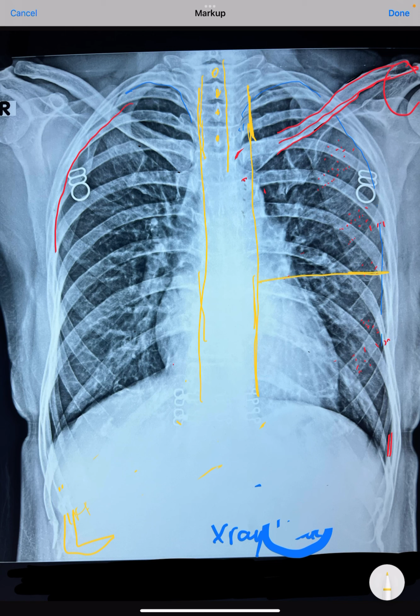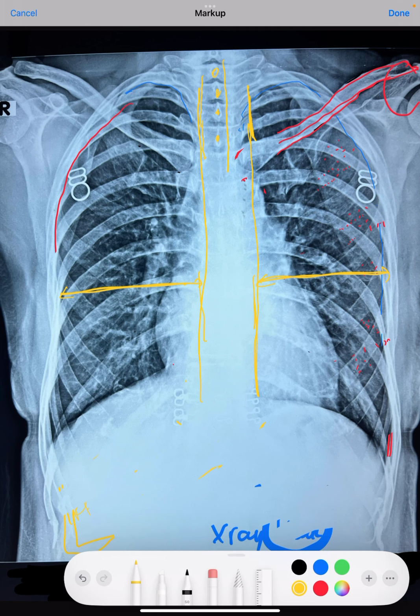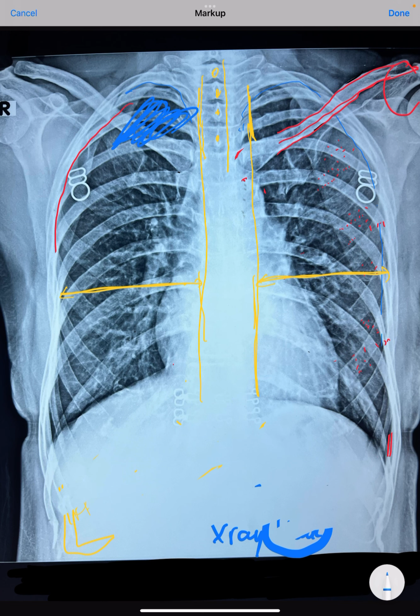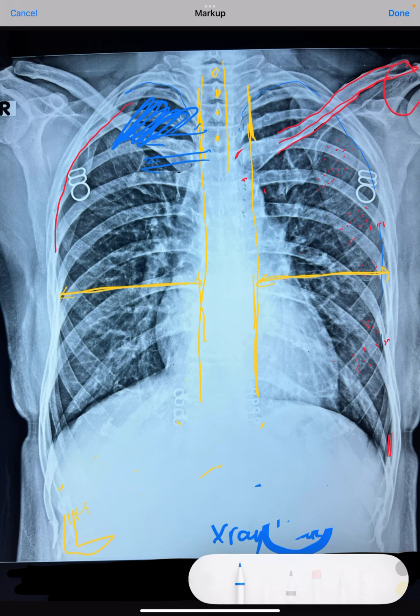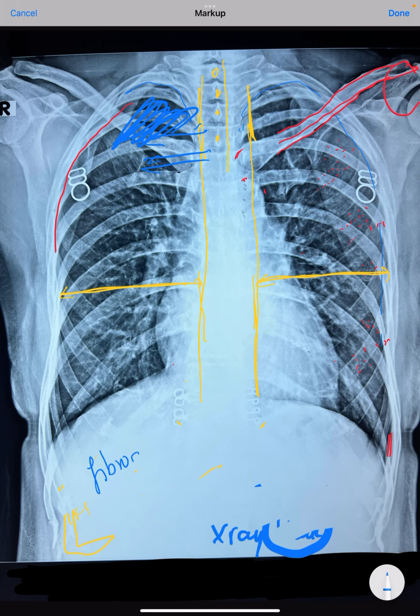When we see these two distances, this is almost equidistant from the same. If there is fibrosis here, then the mediastinum will be pulled to the same side. So we must know fibrosis pulls the mediastinum to the same side.